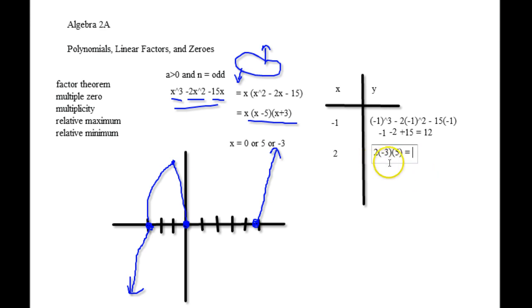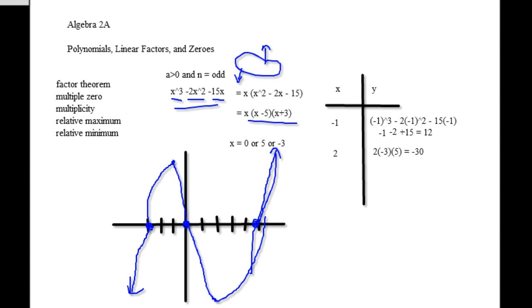So 2 times -3 is -6, times 5 is -30. So I know that point is going to be way down here, but once I go down there, I'm probably going to be coming back up through this one. And that's how you graph.